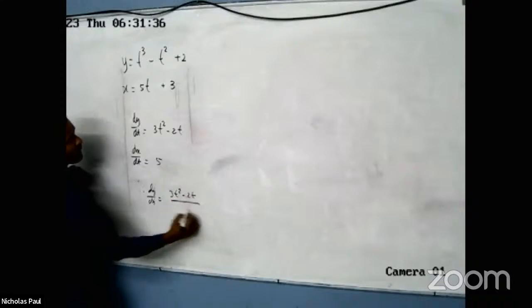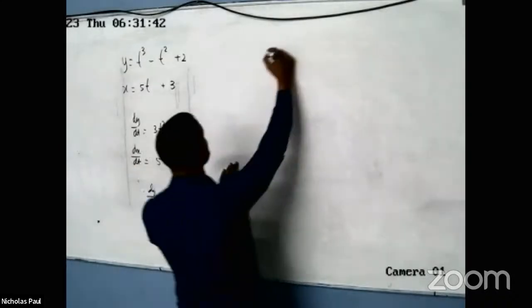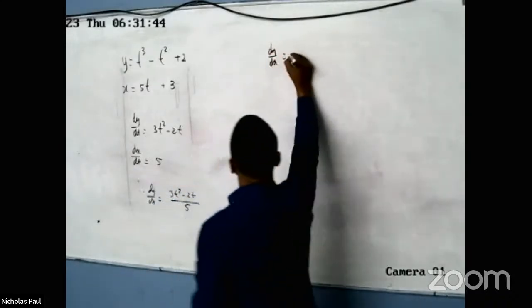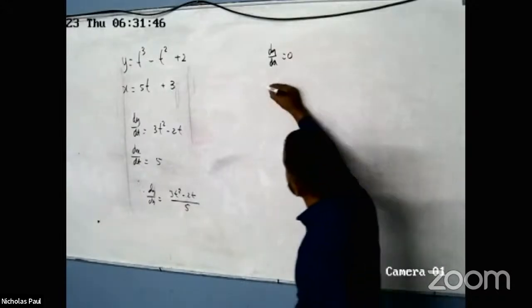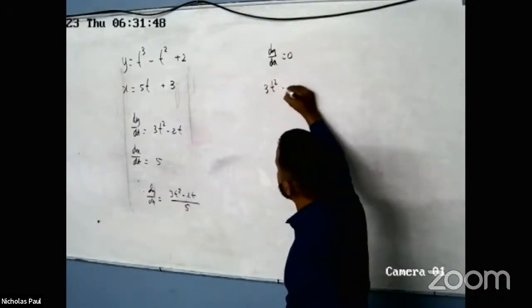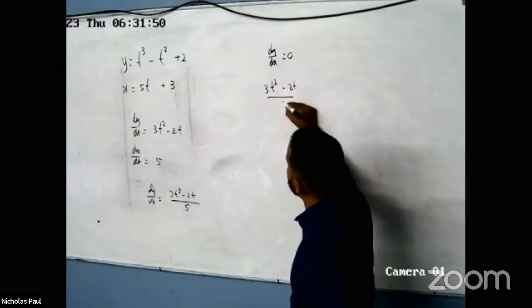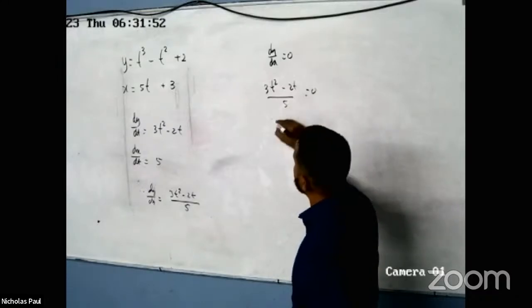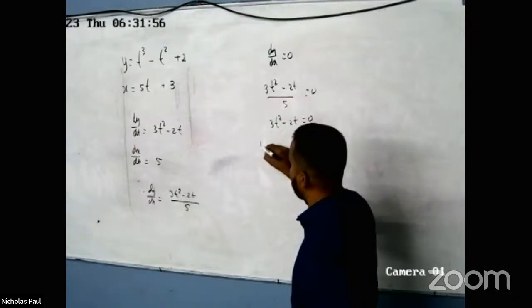So therefore dy/dx is equal to (3t squared minus 2t) over 5. You can leave it like that, or you can factor out the 5. Now when dy/dx is 0, you can say that (3t squared minus 2t) on 5 is 0. Cross multiply, you get 3t squared minus 2t is 0. You can factor out t.